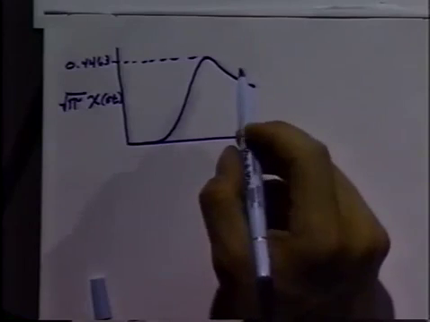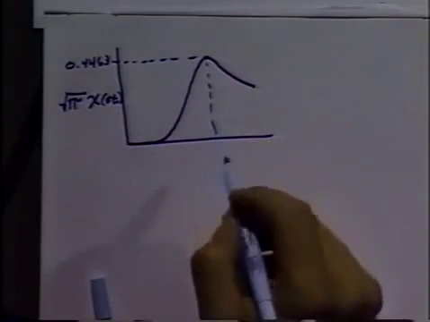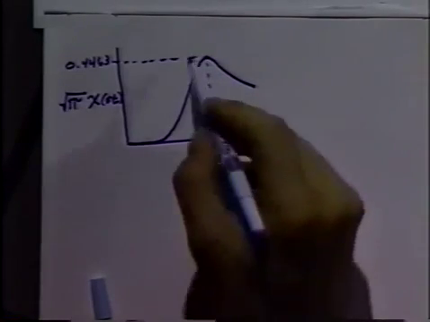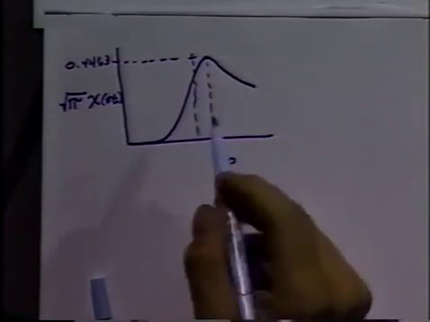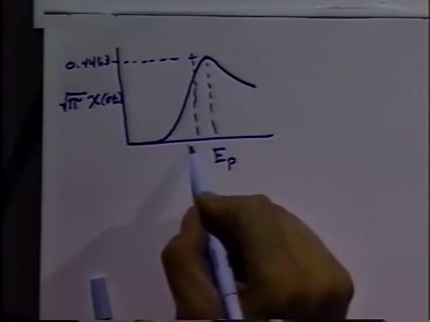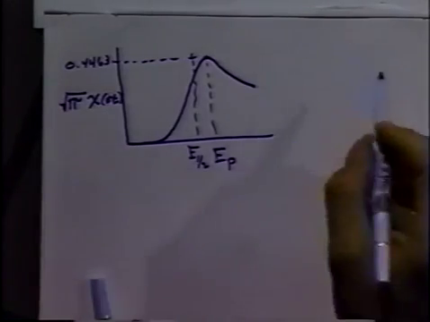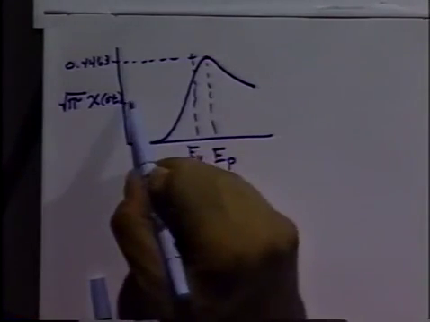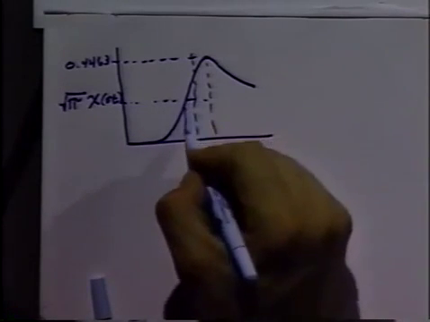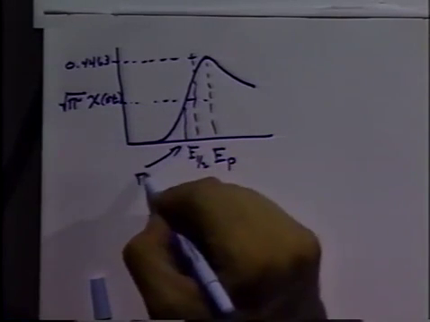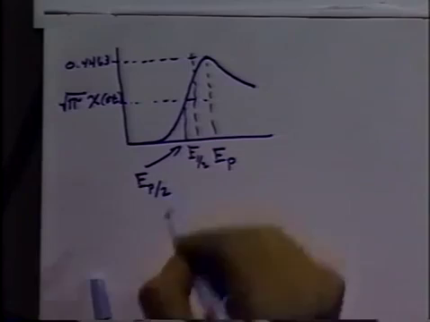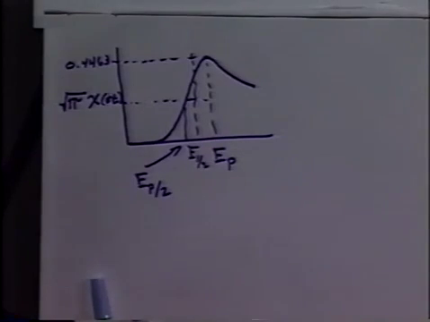And EP here, E1/2 is not the half peak potential, but it's somewhere in between the half peak potential. And in fact, there is a half peak potential here, which is abbreviated EP/2.